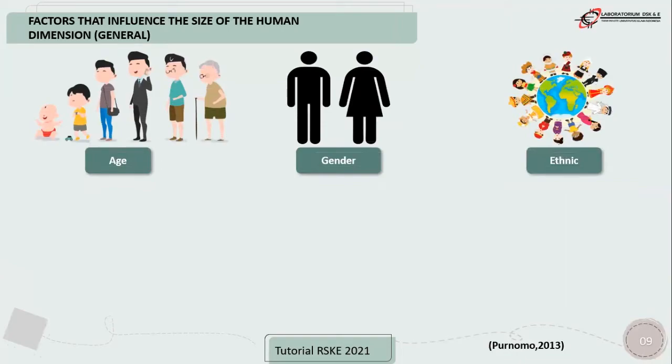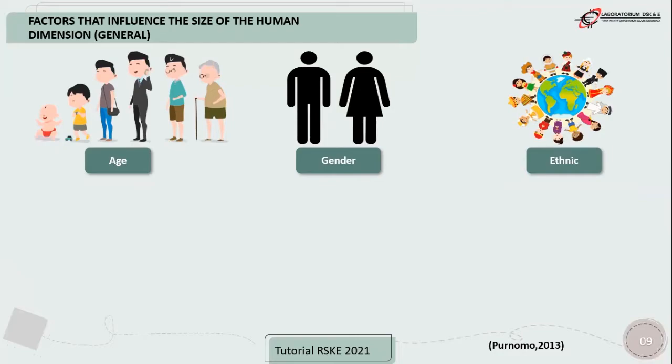Okay guys, and then for the factors that can influence the size of the human body dimension. The first is age. The design for equipment for children will be different from the design of equipment for adults.